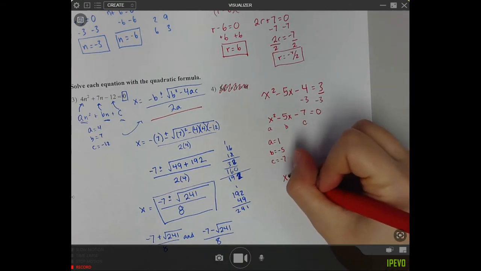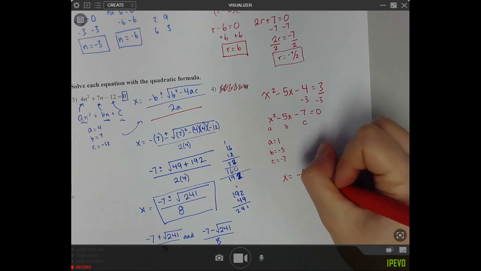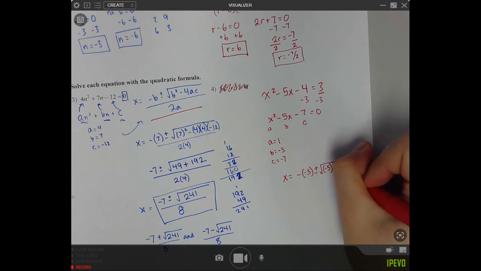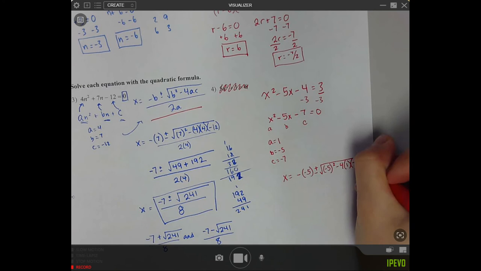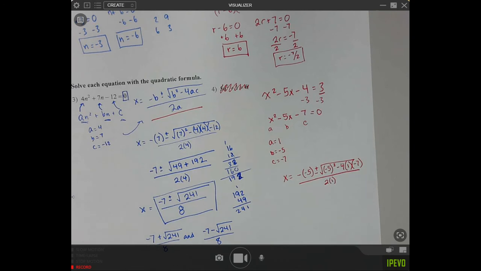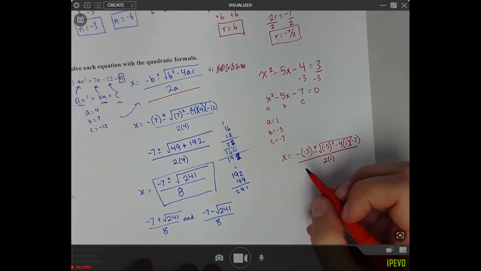But x equals negative 5 plus or minus the square root of negative 5 squared minus 4 times 1 times negative 7, all over 2 times 1.